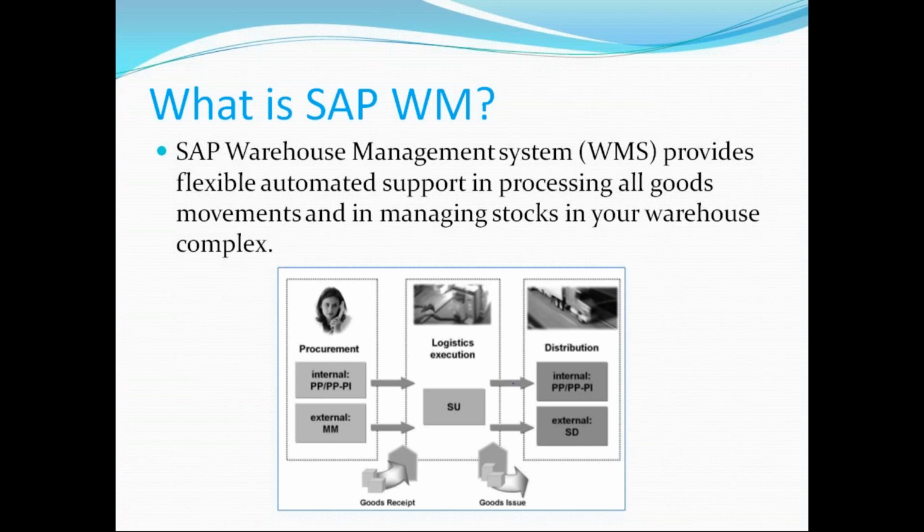In your company or in your business process, the procurement itself can happen in two ways, that is internal as well as external procurement. If we talk about internal procurement, your warehouse system is linked to your production planning module and department.